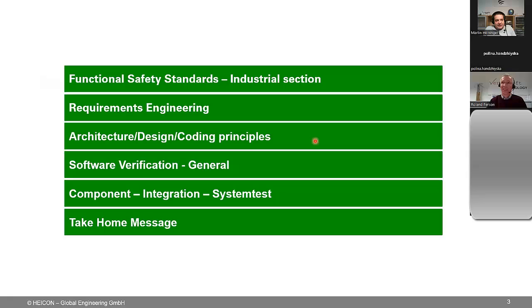So the webinar is structured in these 6 blocks. The functional safety standards with respect to the industrial sectors, an overview with a few tables. Then we go through the V development model, starting with requirement engineering and what the standards are saying and what methods and measures they provide. Architecture, design, and coding, which the standards almost put together, as we will see.